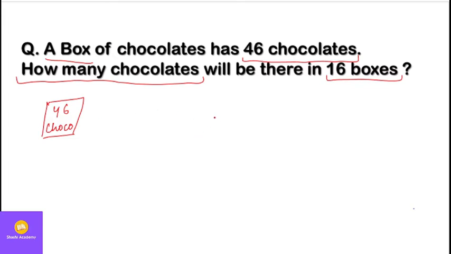So if I draw it in front of you, the 16 boxes of chocolates. First of all, I was given one box with 46 chocolates, so I drew that in front of you.